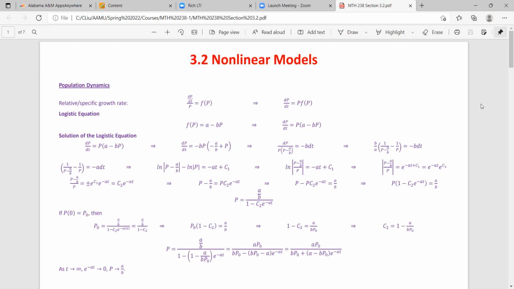The left hand side can be split into two fractions. When you have 1 over P times (P minus a over b), it turns out that you can rewrite that fraction as b over a times (1 over P minus a over b minus 1 over P) times dP. I just missed the dP on the left side. Sorry about it.